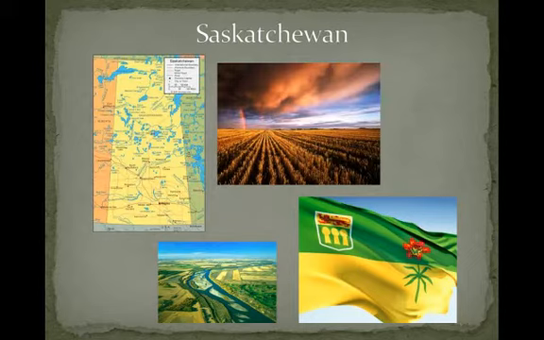Next we have Saskatchewan, and as the picture and the flag on this slide show, it is a flat province and known as the breadbasket of our country. We do a lot of farming in this province, and a lot of our consumption stems from what Saskatchewan provides for us.